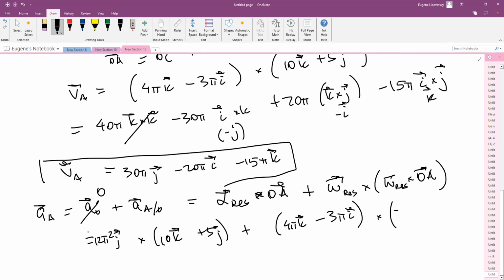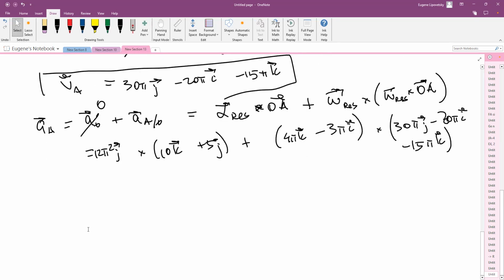Cross product with 30 pi j minus 20 pi i minus 15 pi k.